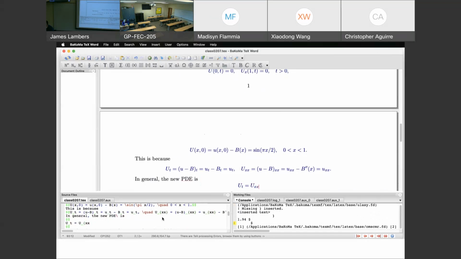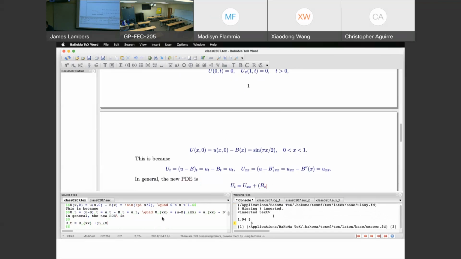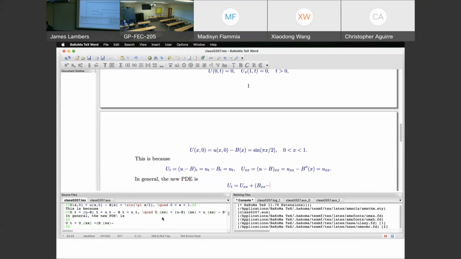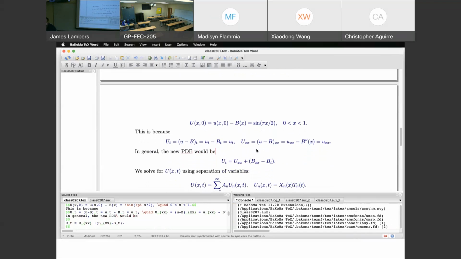And assuming the same coefficients. This example is one where both of these things are 0.